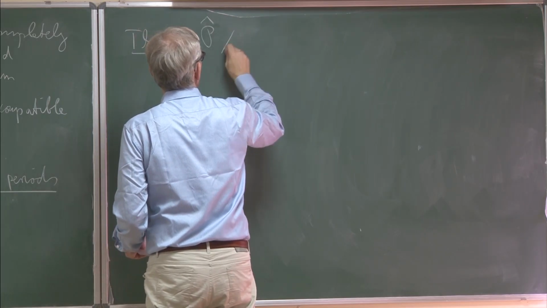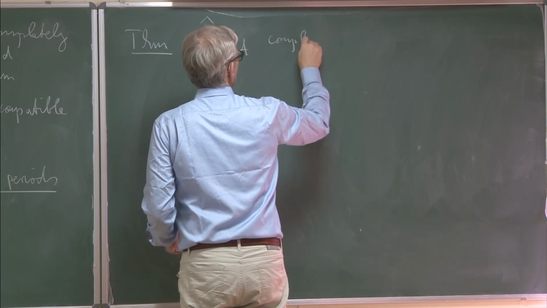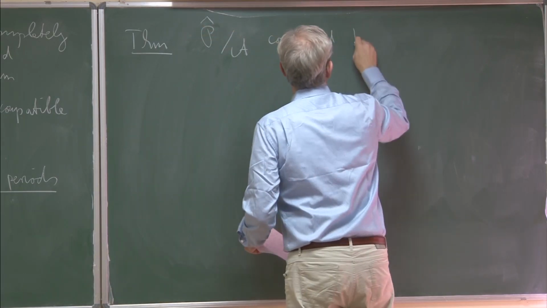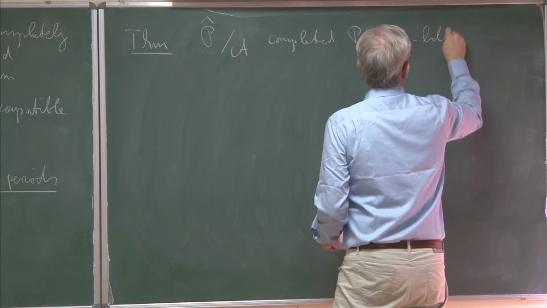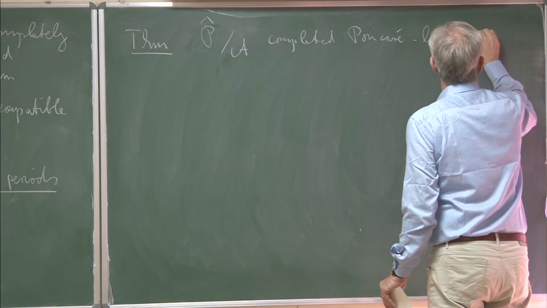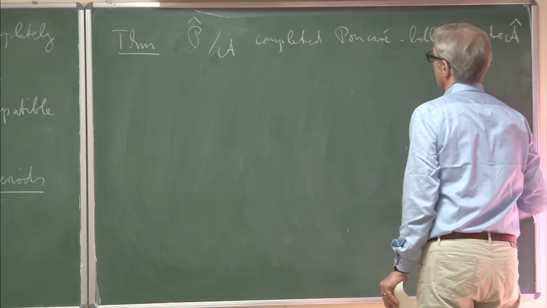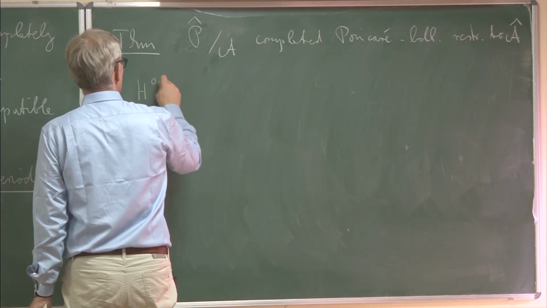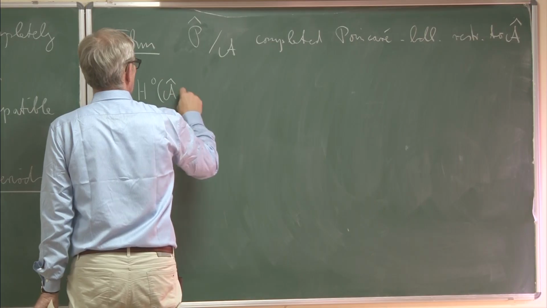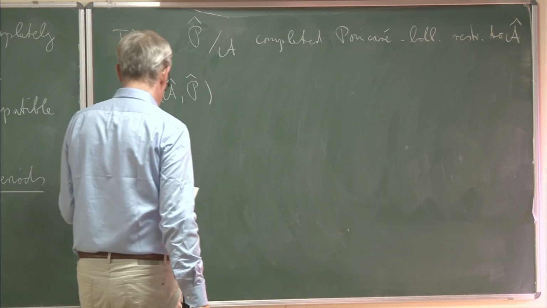This is on A, the completed Poincaré bundle. And we restrict to the formal group A hat. This we can do. And then we look at what the global sections are for this restriction.